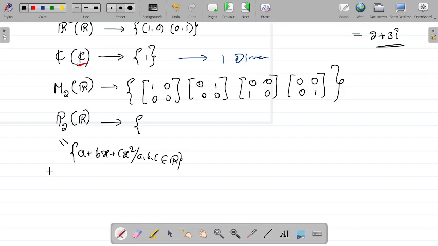Can you tell me the basis set? It may consist of 1, sir. Okay, it will consist of 1, which you can take as a polynomial.